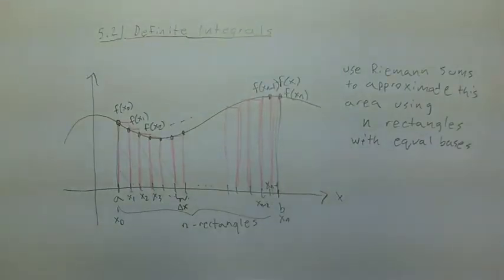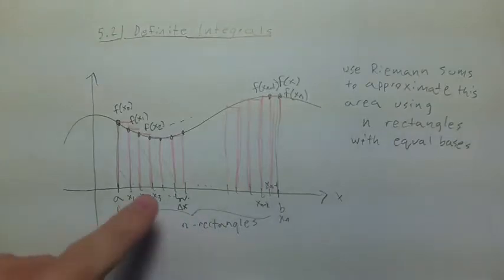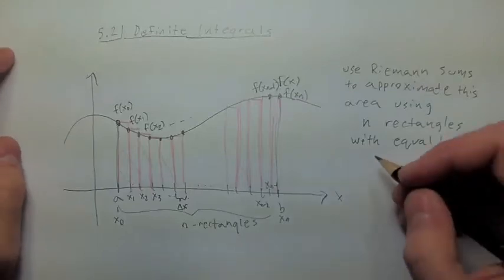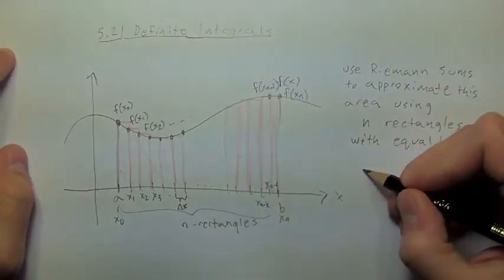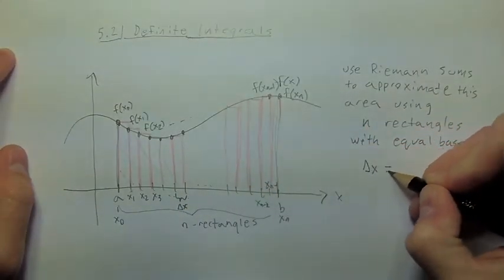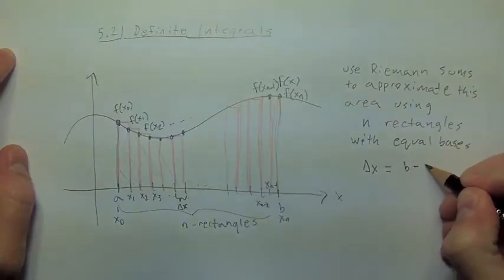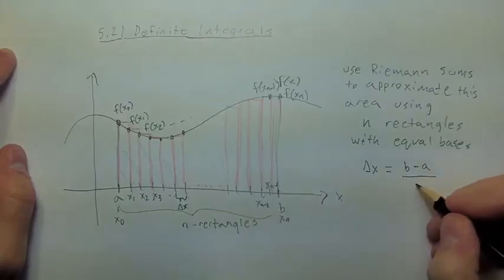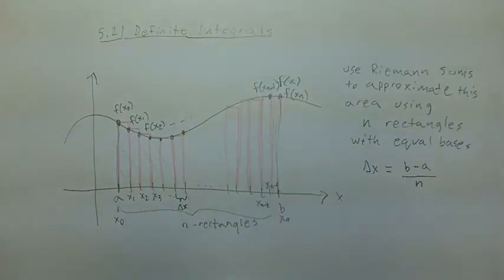That is a good way to go, depending on how you do it. But for this process, we're not going to. And if we're breaking this region A to B into equal subintervals, that step size is simply going to be, well, delta x is going to be the length of the interval, which is b minus a, divided by n. Okay, that's how you could get the length of all these things. All right?